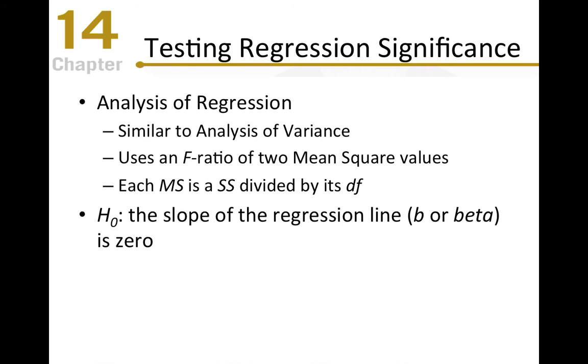And so what this essentially says is that with our slope, there is no variability in y that is being accounted for by x. And so our alternative hypothesis is that the slope is statistically and significantly different from 0.